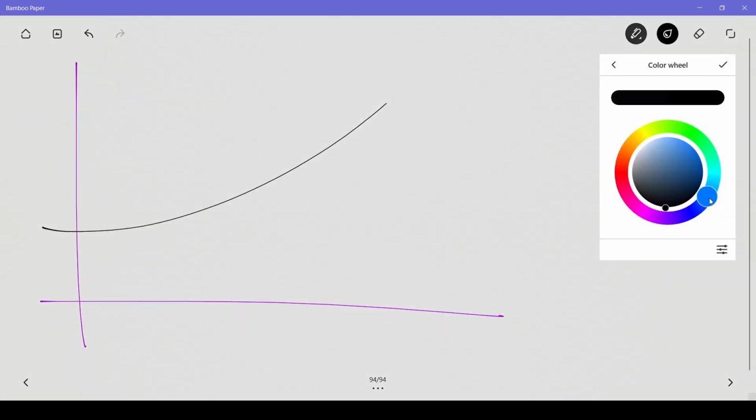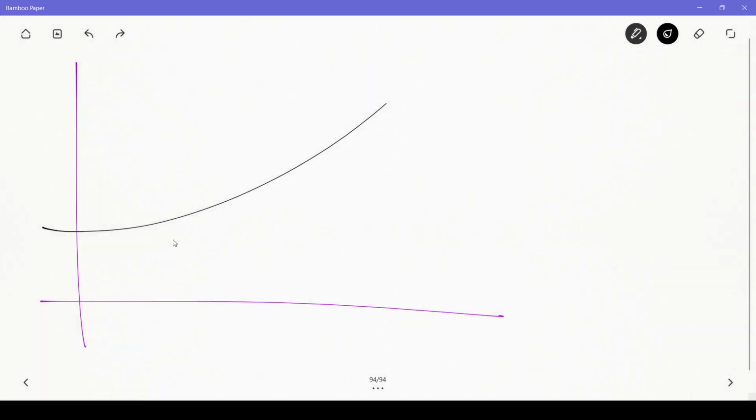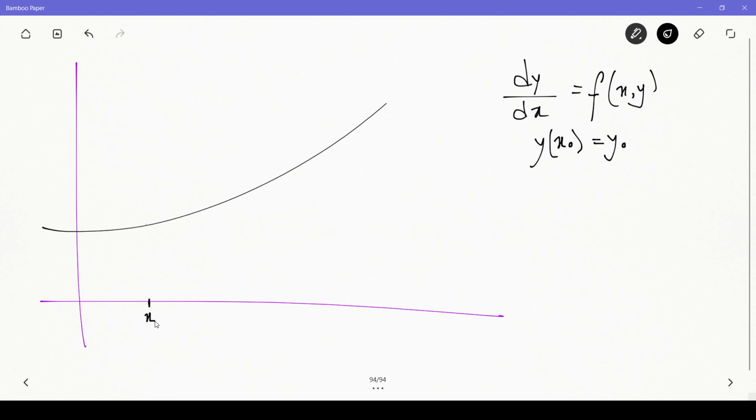We already know two things: our slope dy by dx is a bivariate function f of x comma y, and we also know the dependent variable's value at x naught, which is y naught. Let's say we have a starting point x naught somewhere over here. Let's project it upwards. Very bad projection. Let's say something like this, right?